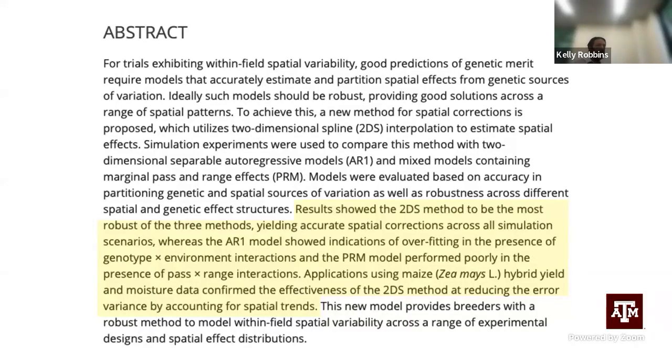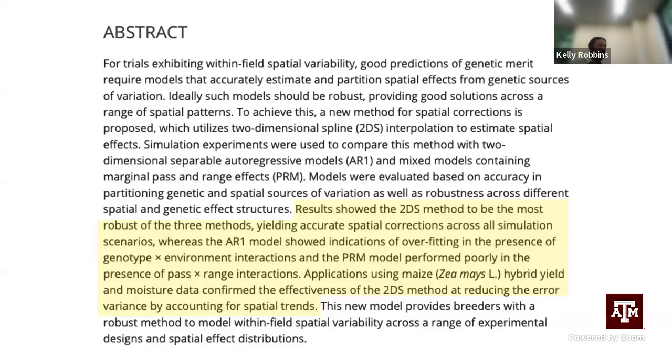Applications using maize hybrid yield data and moisture data confirm the effectiveness of the two-dimensional spline at reducing error variance by accounting for spatial trends. So again, I'm not providing any kind of detailed measurements of accuracy, but I am giving a reasonable summary of what the results were.